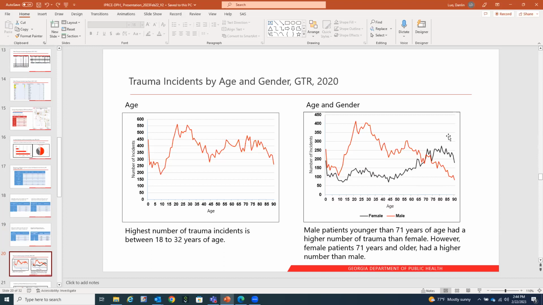So we can find here is the 71 years. Male patients younger than 71 years of age had a higher number of trauma than female. However, female patients 71 years and older had a higher number than male.